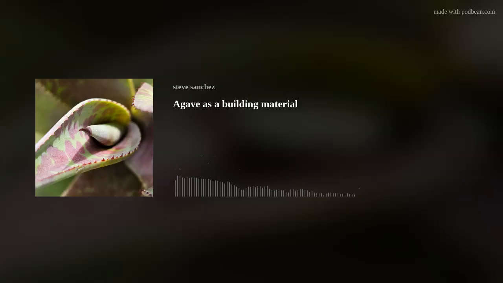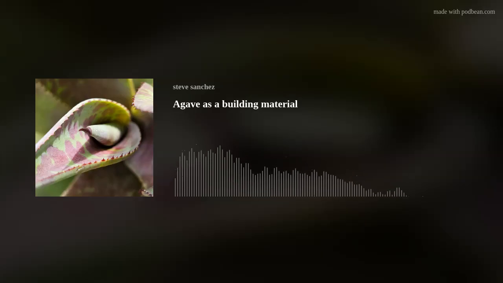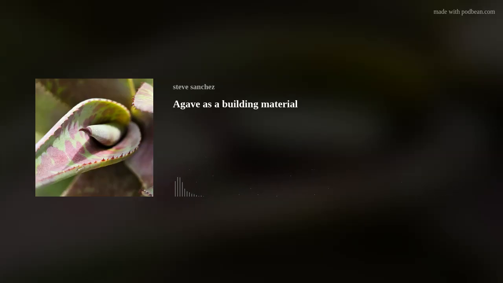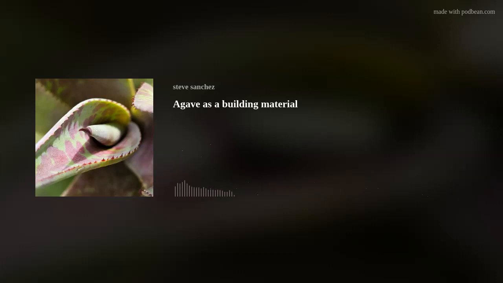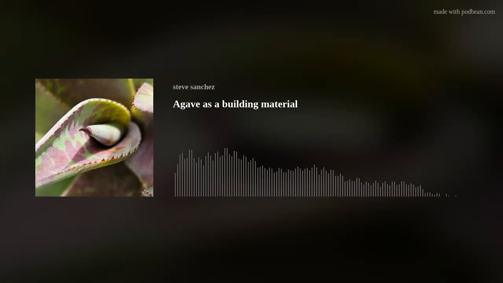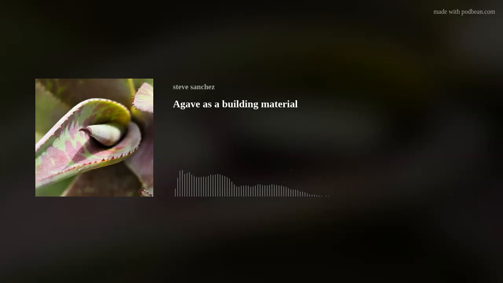I don't know every way that agave is used around the world for building, but I know enough ways that I can tell you a little bit about them, and that way maybe you want to try a different use of agave for building.